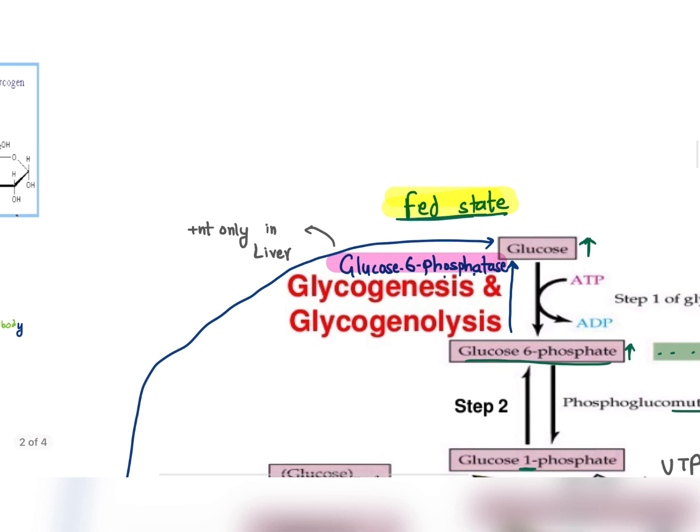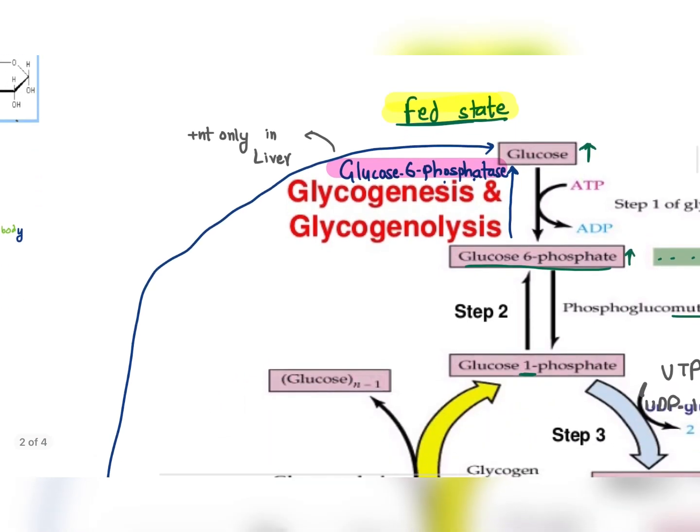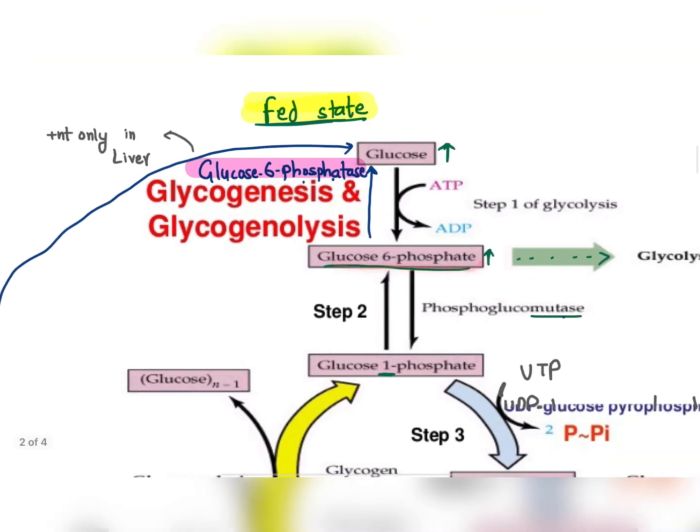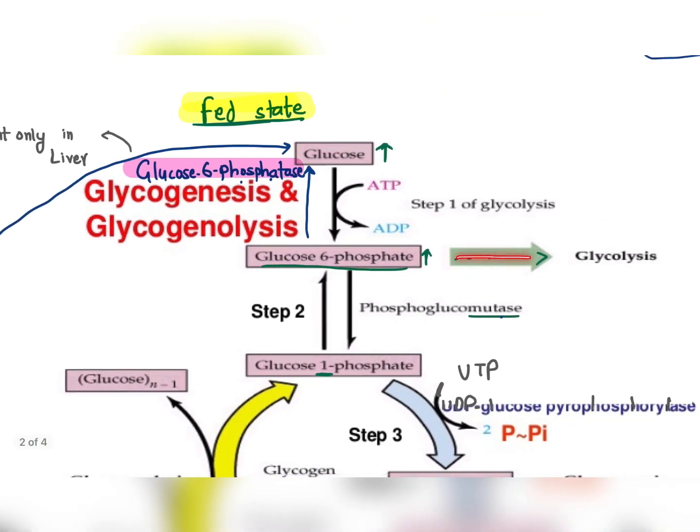Now let's talk about the pathway in the fed state. After you take a meal, after you eat glucose-rich food, glucose is absorbed. There is increased glucose in the circulation, in the blood, which gets converted to glucose 6-phosphate. Normally glucose 6-phosphate goes into the glycolysis pathway and produces energy in the form of ATP.